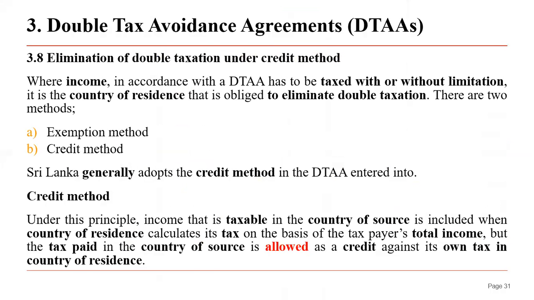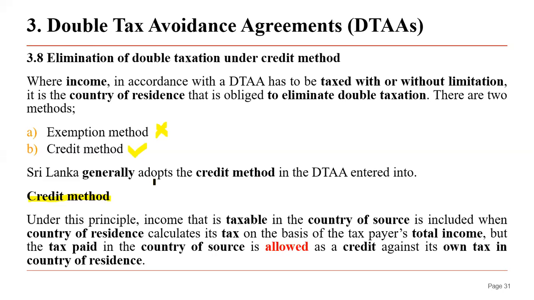Then the elimination of double taxation principle, the tax credit method. I just want to emphasize this one, because the exemption method is in only a few DTAs. Mainly they go with the tax credit method, so it is the mostly used method.